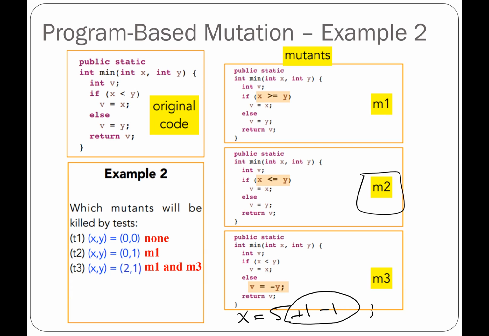And then I need a good design for my test case to actually expose the mutant that I've created. All right, is that clear for everyone, guys? That makes sense?